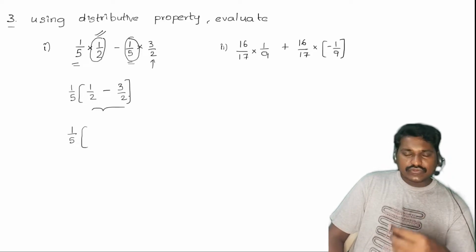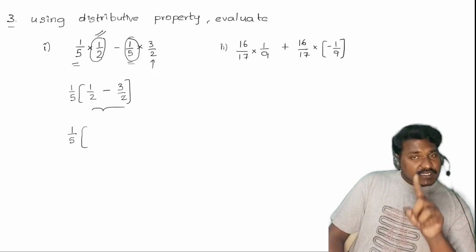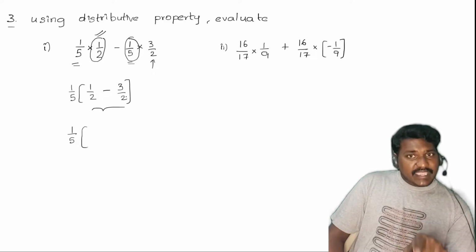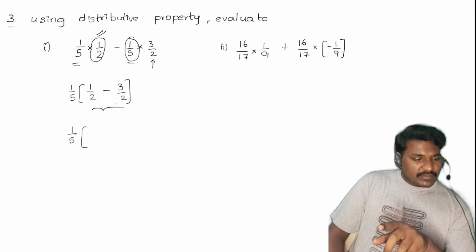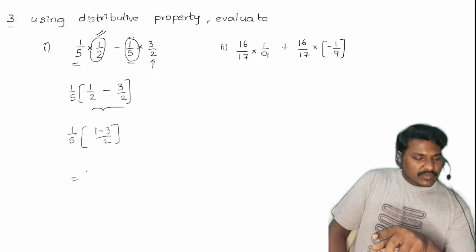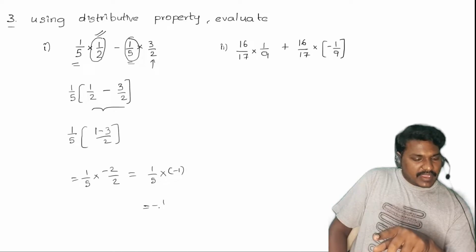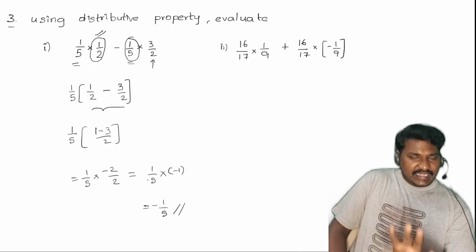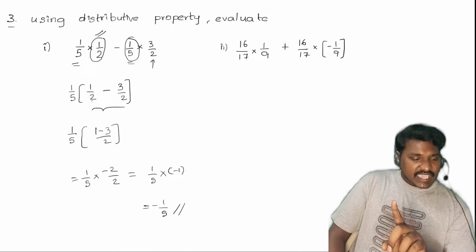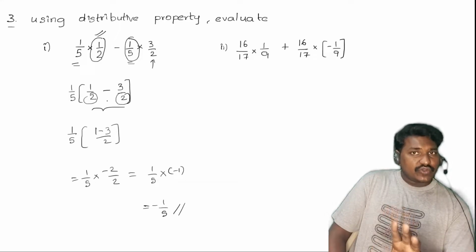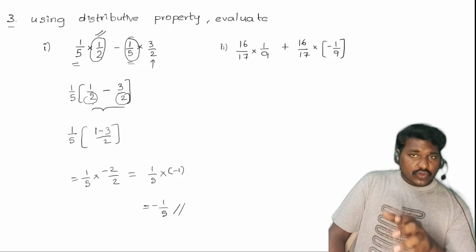We know how to solve the subtraction and addition of fractions, particularly if they have the same denominators. 1 by 2 minus 3 by 2, 1 minus 3 by 2, so it will become 1 by 5 into minus 2 by 2. So that will become 1 by 5 into minus 1, that will become minus 1 by 5. Whenever you have the same denominators, no need to find LCM and no need to do cross multiplication.